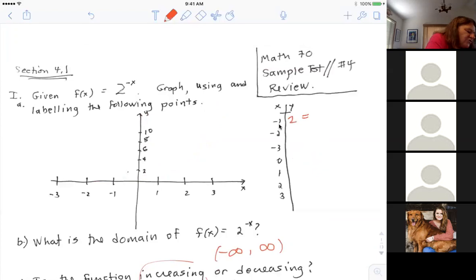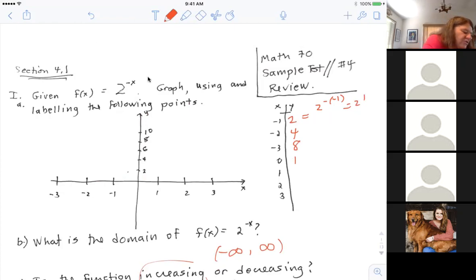So again, that's 2 to the -1, which is 2 to the 1st. If I plug in -2, it'll be minus a -2, and 2 squared is 4. Minus a -3 will be 2 cubed, that's 8. Anything to the 0 power is 1. And then if I plug in 1, it'll be 2 to the -1.